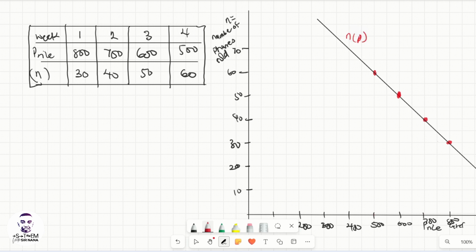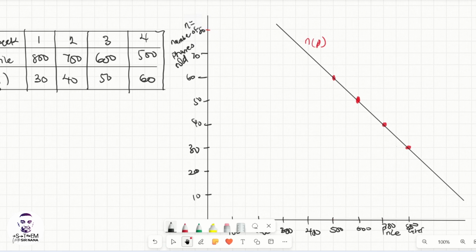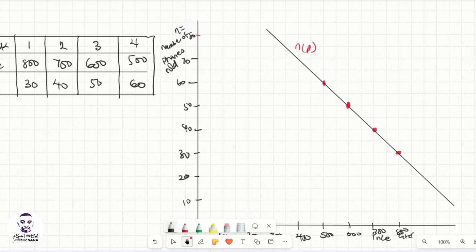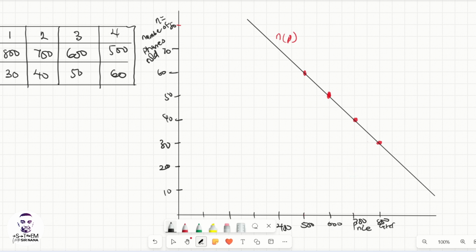Let's extend this side to have our 80, and then shift it a little bit so that I can have my 90. So I have my 90 here.